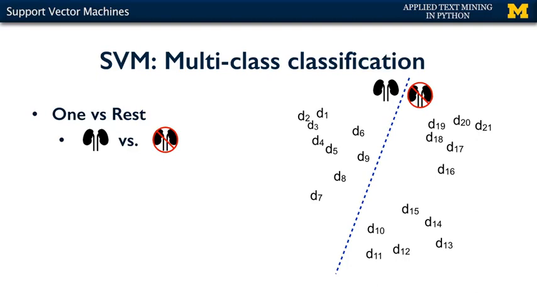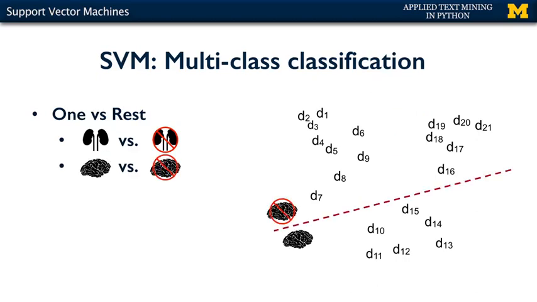So this classification is a perfect classification to learn nephrology as these 9 documents, and anything that is not nephrology is on the other side. Then we learn another classifier, this time for neurology, where the documents D10 to D15 are neurology documents, and everything else, D1 to D9 and D16 to D21, are all not neurology.